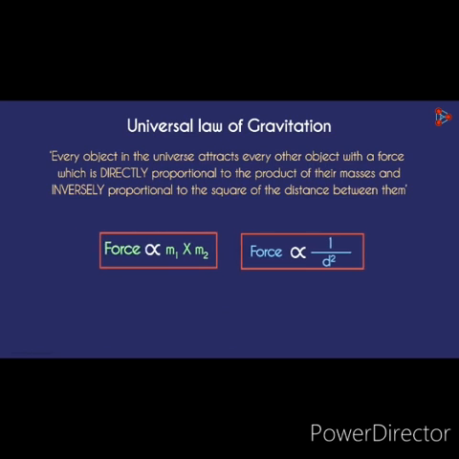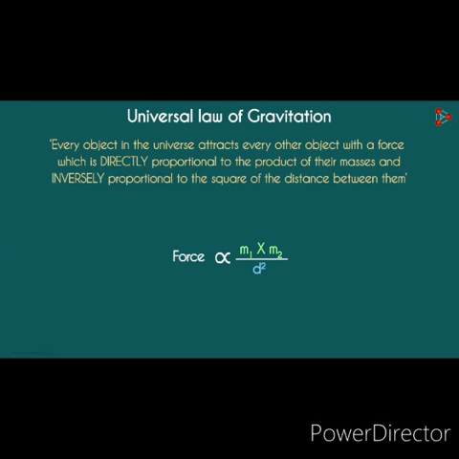With this data, we can write it mathematically. So if the mass of any of the objects increases, the gravitational force will have more magnitude. And the more the distance between the two objects, the lesser will be the gravitational force.